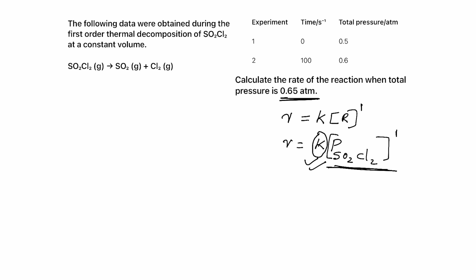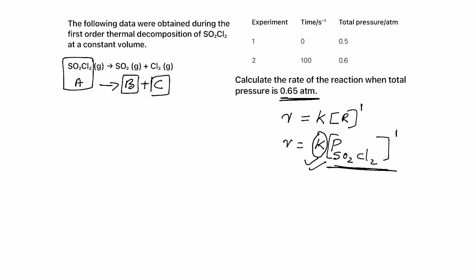Now there is a very important hint for a pressure based question. If the stoichiometry of the reaction is like A gives B plus C, you can see a single reactant whose coefficient is 1 undergoing decomposition to give two products, SO2 and Cl2. Again coefficient is 1.